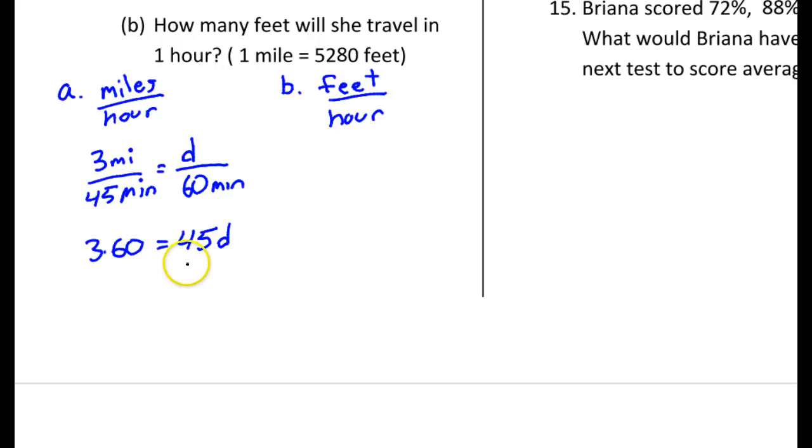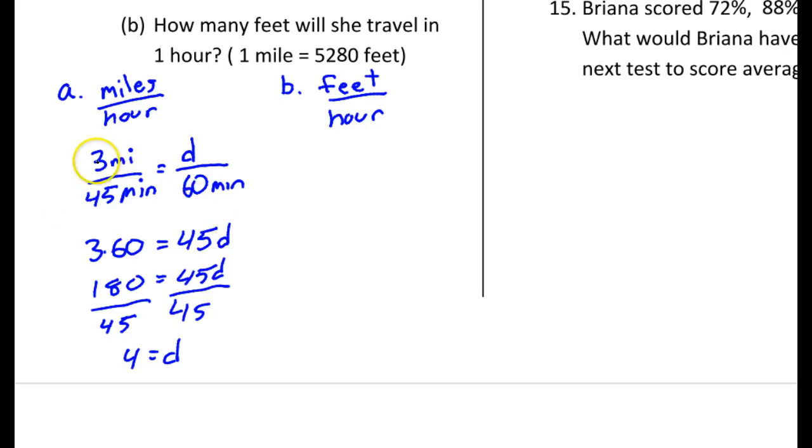Okay. And we can multiply this out. This is 180. And divide both sides by 45. And we'll get 4 miles. She can do 3 miles in 45 minutes. She can do 4 miles in 60 minutes.